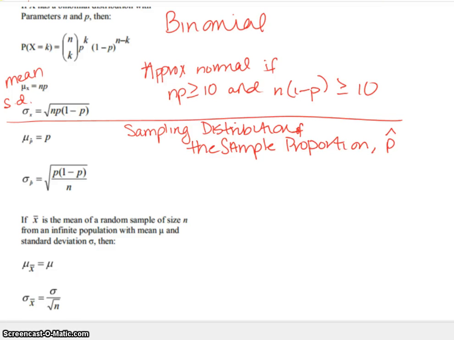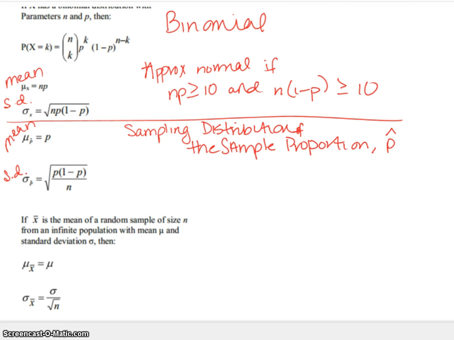So the mean of p hat, the mean of the sampling distribution of sample proportions, will be equal to p, which is the same as the population mean. The standard deviation of the sampling distribution, the sample proportion, is going to be this formula here.